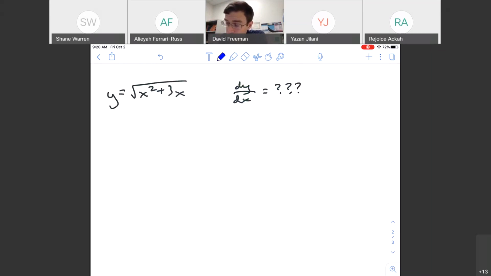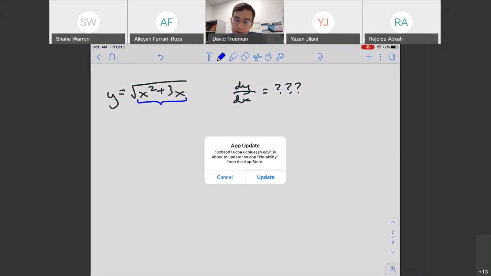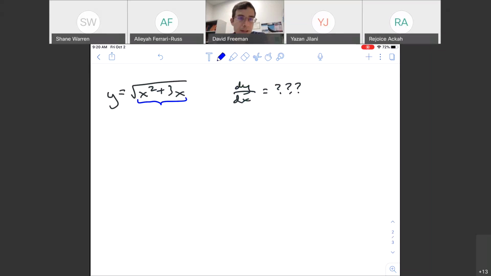What we could do is create a third variable to represent the inside part of this function, because there are two layers to this function. There's the square root layer, and then inside that, there's the x squared plus 3x layer. So we could call that inside part u.